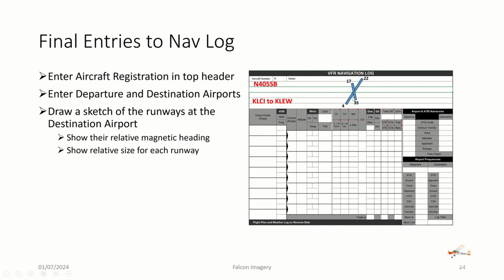So runway 17/35 is a very short runway up at Kalu compared to runway 4/22. I also know it's narrower than 4/22. So I'll most likely take a reasonable crosswind component and land on the longer runway rather than take this short runway. So that's the process for filling out a nav log for a cross-country flight.